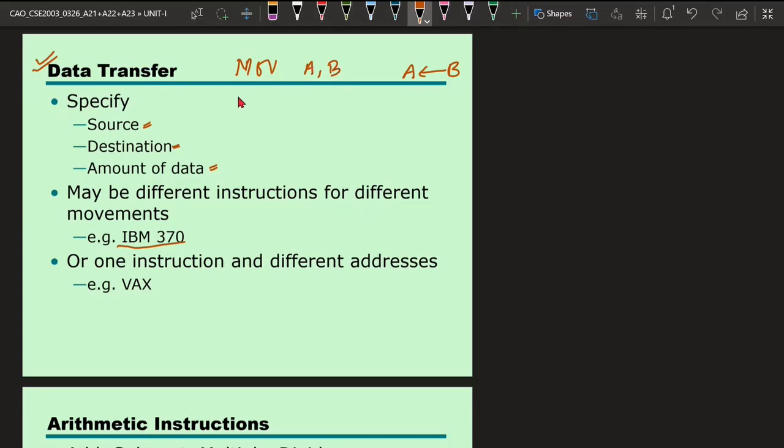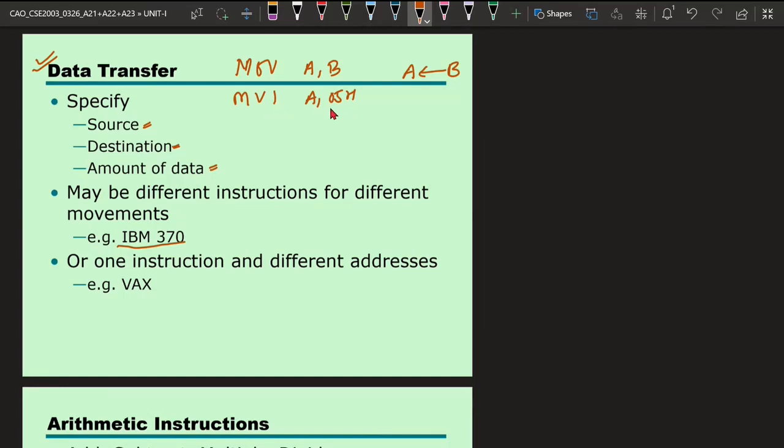This was one representation. Another representation could be that instead of the data being stored in a register, we store the data directly in the instruction itself. At that time, the move will be written as MVI. That is, A comma, suppose, 05H, we want to transfer to A, and it will be represented like this.